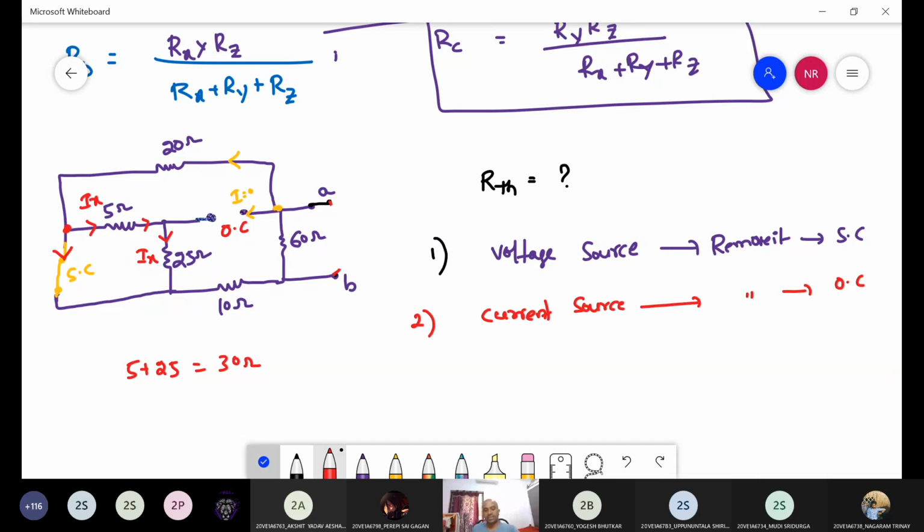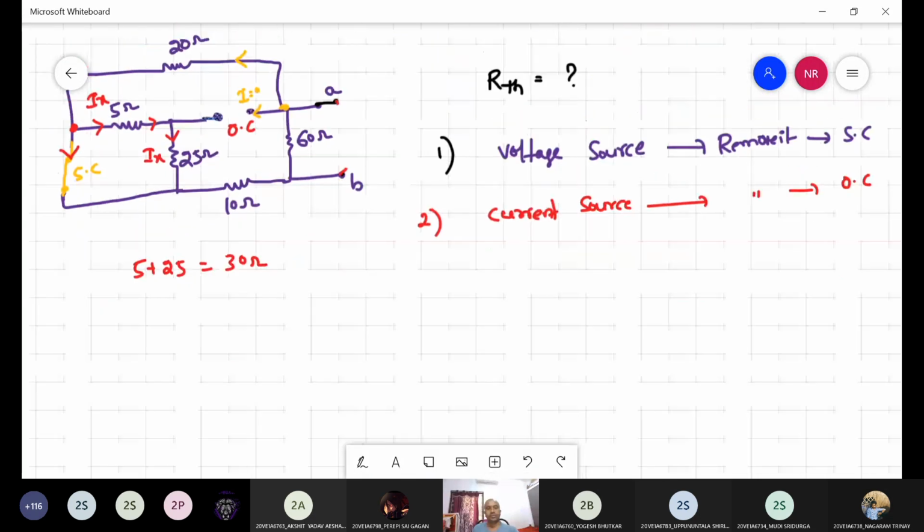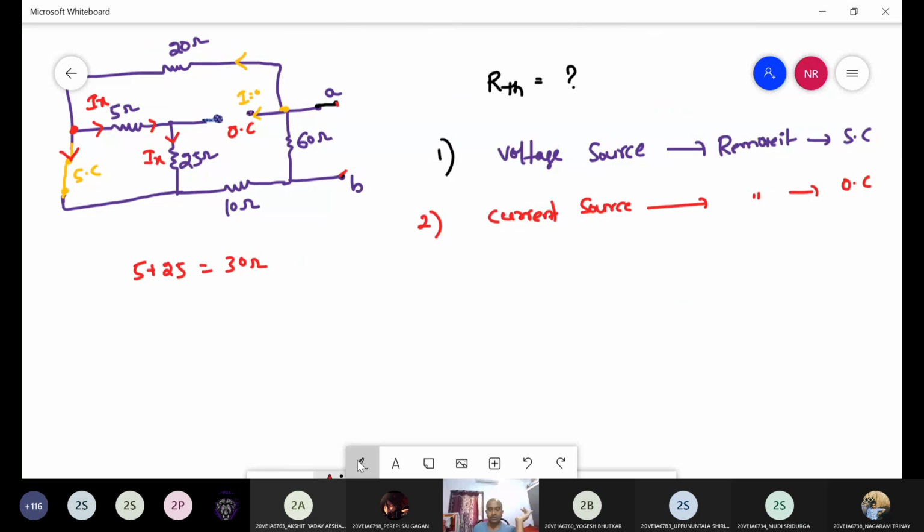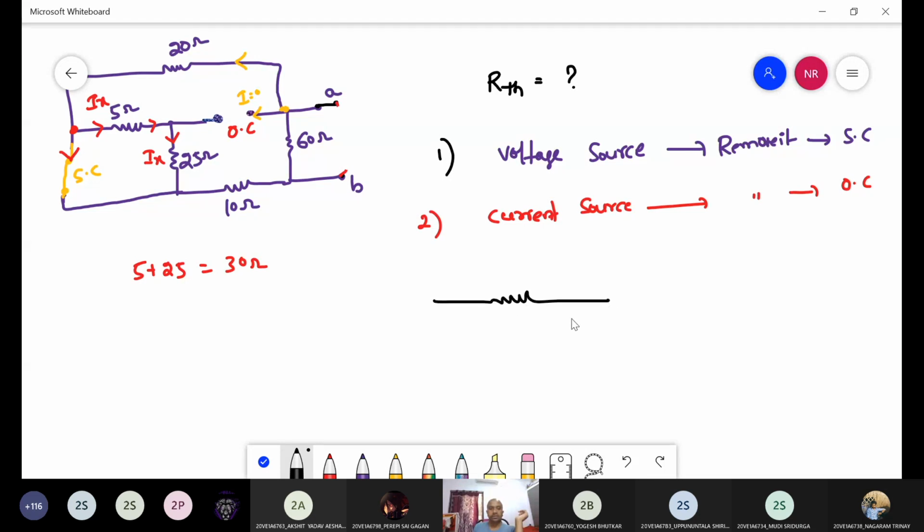Can I draw the next level circuit? Look, this circuit is not an ordinary circuit. Then here it is 20 ohms. Then from this point it is short circuited. Then here it is 25 ohms. Here it is 10 ohms.